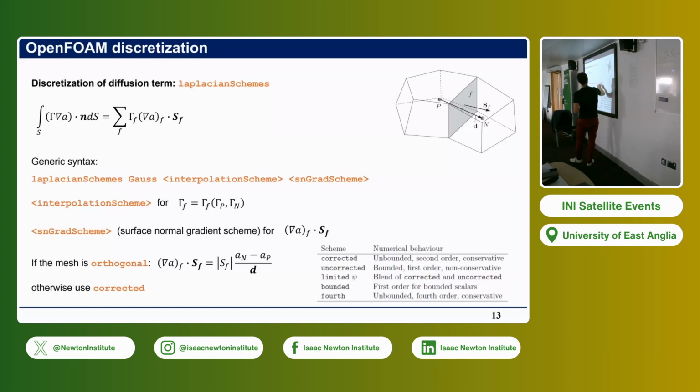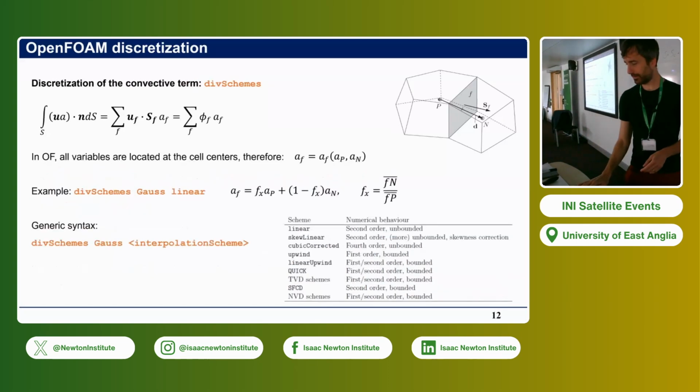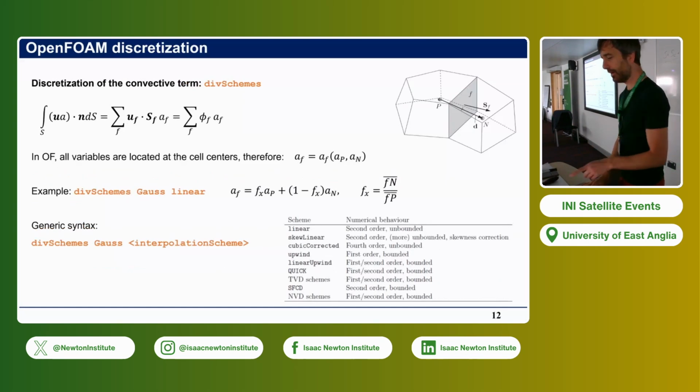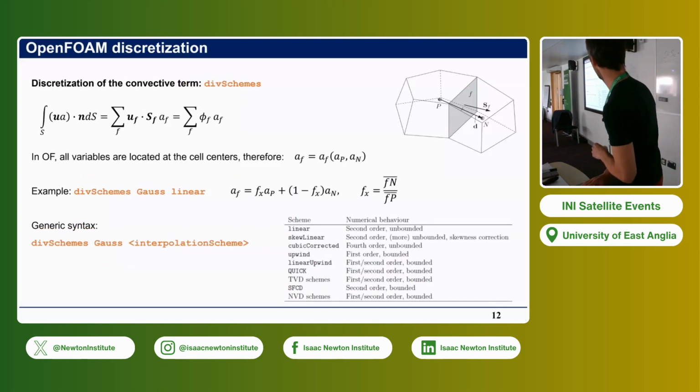Surface normal grad scheme is how you want to calculate this scalar product here, which is the gradient of the function on the face of the cell, times the surface normal vector to that face. So the interpolation schemes are the same that you have seen before, the same as those of the convective term.